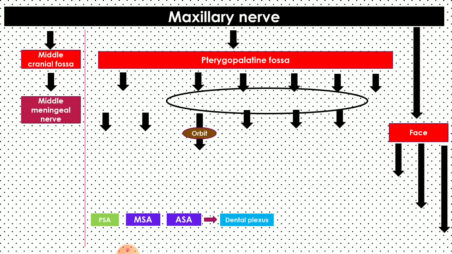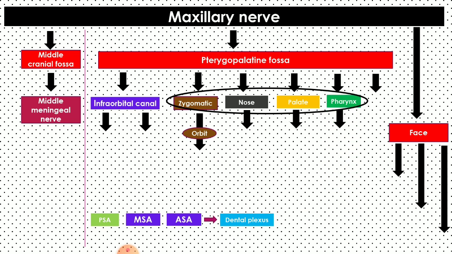In the pterygopalatine fossa, it gives off branches in the infraorbital canal when it enters. Then it gives the zygomatic nerve branch. Then it gives a branch to the nose, branch to the palate, innervation to the pharynx, and the posterior superior alveolar nerve.